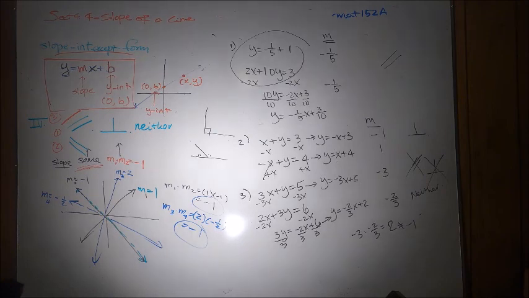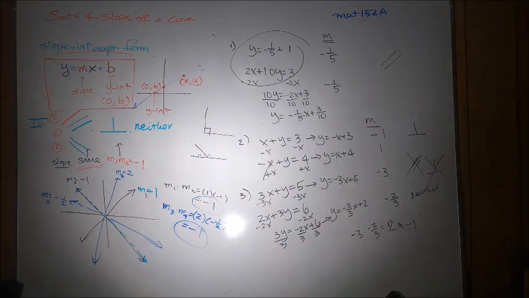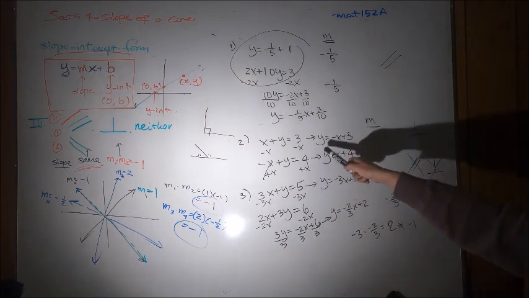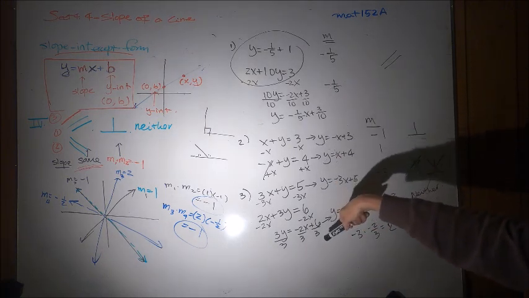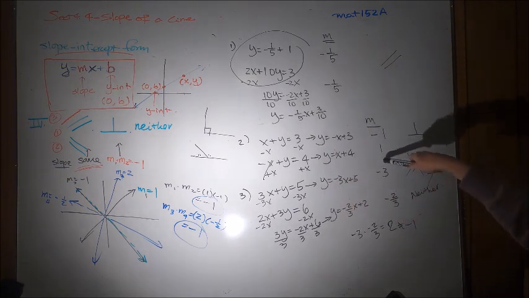Right? So also we learned the slope-intercept form. Get y by itself. y equals mx plus b. Also, we use the slope-intercept form to decide what the slopes of the lines would be.